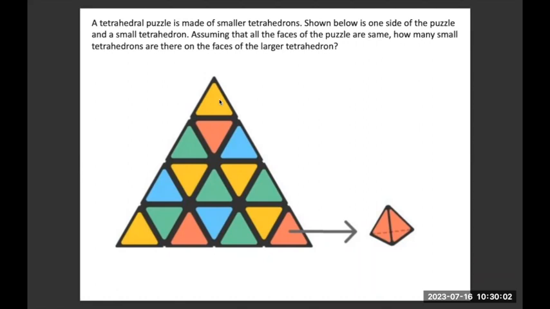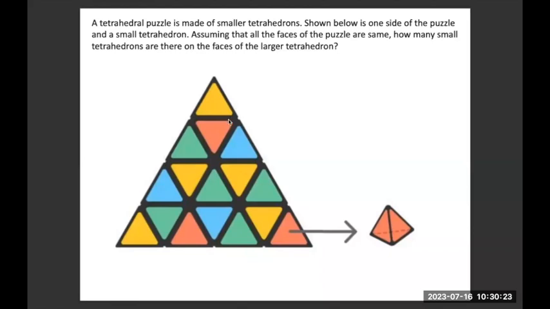Yeah, I'll explain to you. This is a tetrahedral puzzle, okay? And this puzzle looks the same as this. This is the facade of the puzzle, and this looks exactly the same on all the 4 facades. A tetrahedral has 4 faces, and this puzzle looks exactly like this from all the 4 sides.